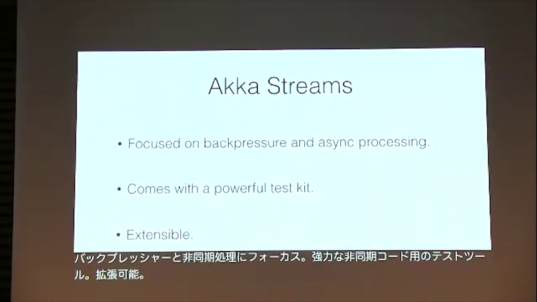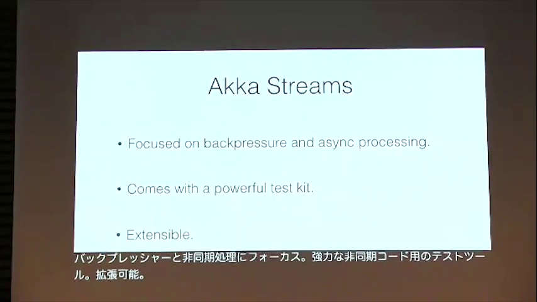It focuses particularly on backpressure and asynchronous processing. This is very important in Akka Streams. And what is often underrated is its test kit. It comes with a powerful test kit. Testing asynchronous and parallel code is difficult. Okay?